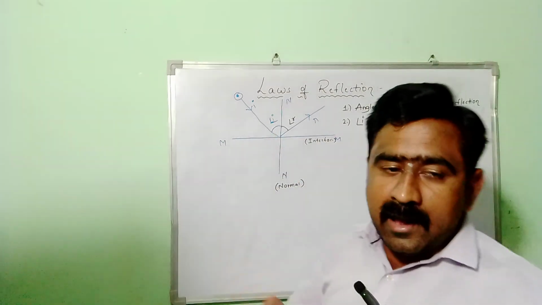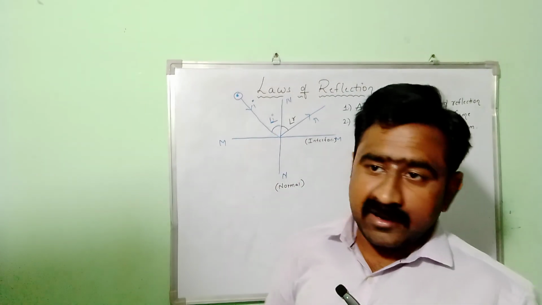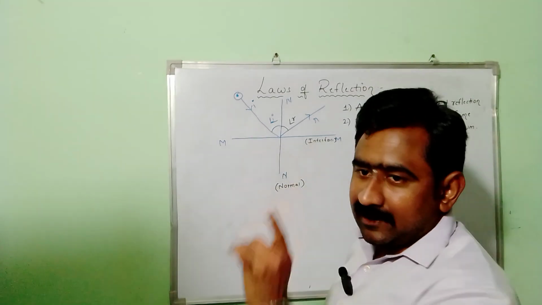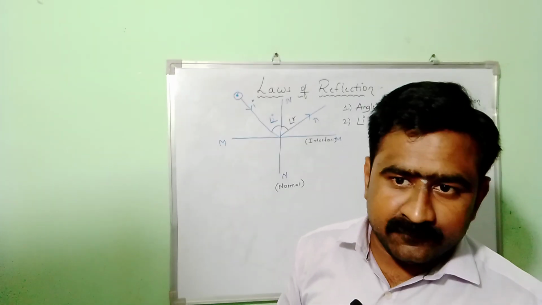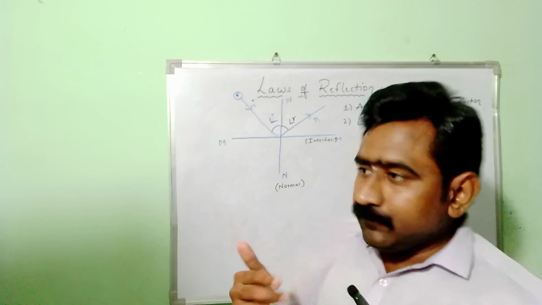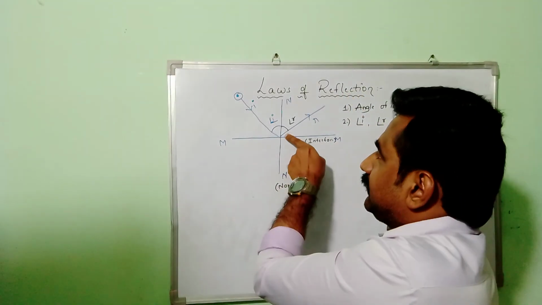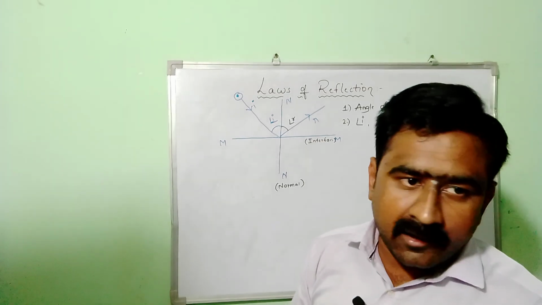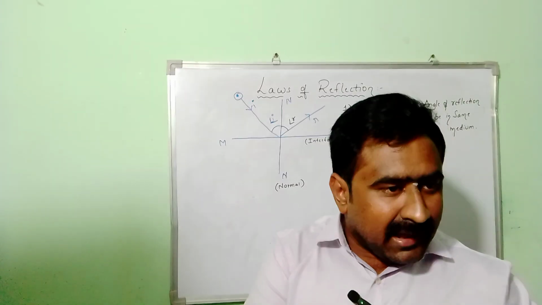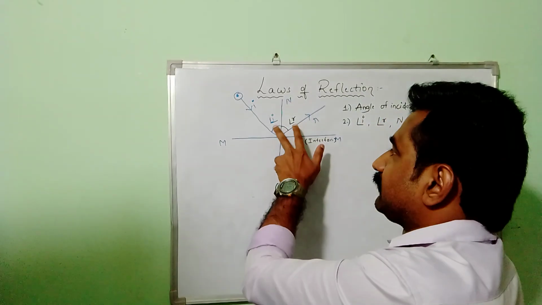With some angle I have projected some amount of light. That angle I is the angle of incidence. Due to reflection, that light is bounced back in the same medium, and that is called the angle of reflection, angle R. Angle I and angle R should be taken with respect to the normal.